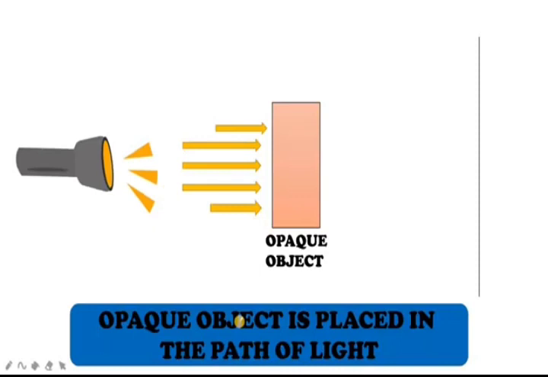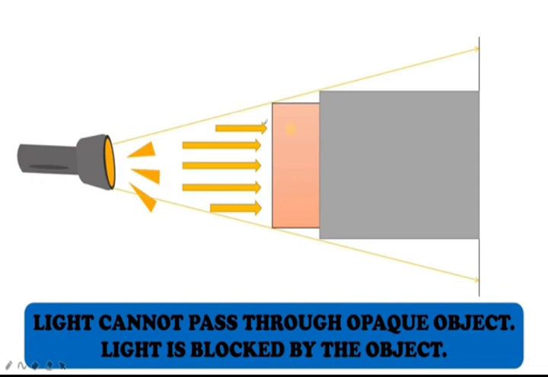Let's study the mechanism of shadow formation. This is the light, and the light travels in a straight line. Here we have kept an opaque object, and that opaque object blocks the passage of light. The light can only travel along these paths, and this path is not allowed because the opaque object blocks the way of light.